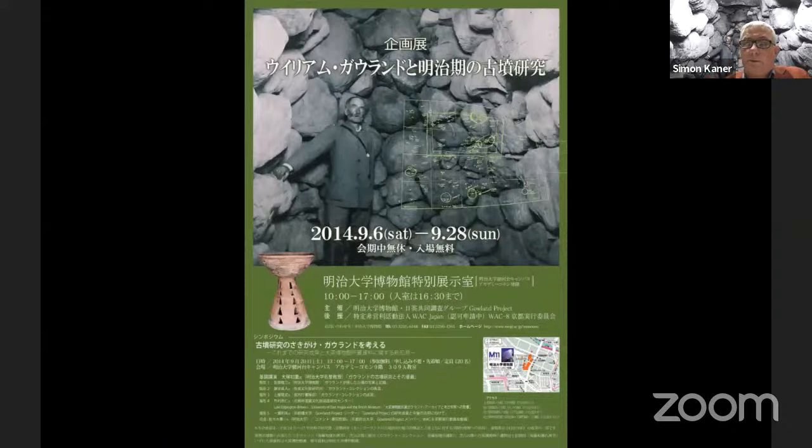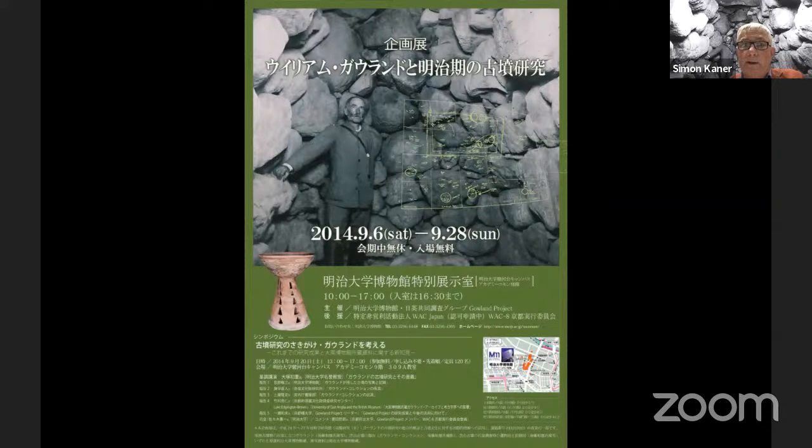Now, as I mentioned, Gowland, who had lived in Japan for about 16 years, from 1872 to 1888, had investigated a large number of Kofun while he was there, partly inspired by his interest in early metallurgy and early technology, but also becoming increasingly interested in the tombs for their own right and the techniques that were available to him for surveying and recording.